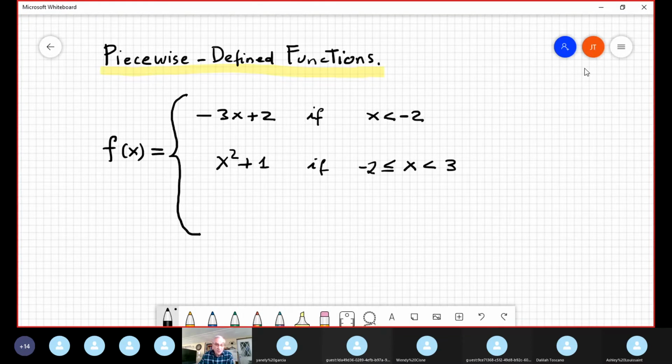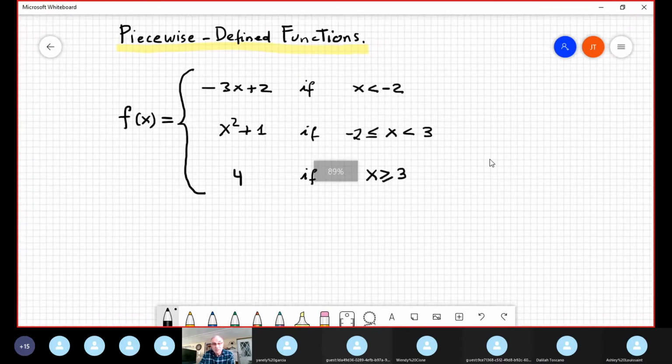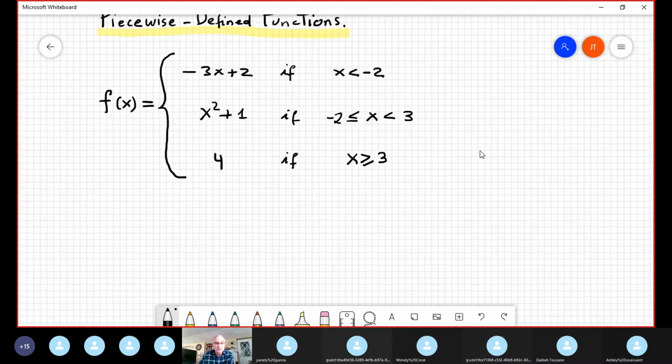And the last piece, because this piecewise function contains 3 pieces, is a constant function, 4, if x is greater than or equal to 3. So you see, wow, 3 pieces. Normally we have 3 or 2, or 4 or 5 or 1,000, but this is not important. The important thing is to understand this idea very well.